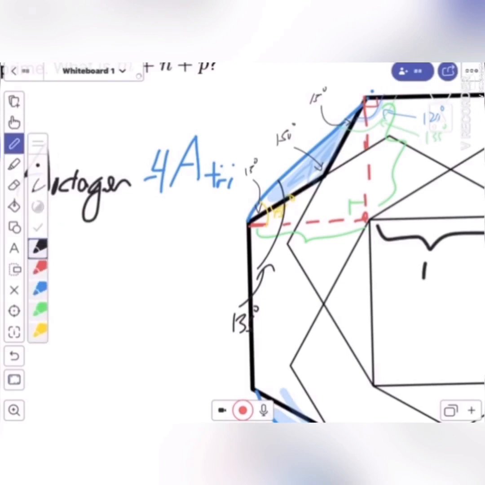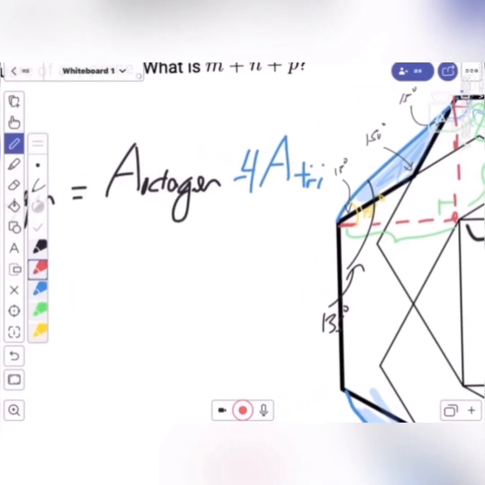So here we're just going to do law of sines and law of cosines. So law of sines, we can find one of the side lengths right here, S. Then we can find the side length here.